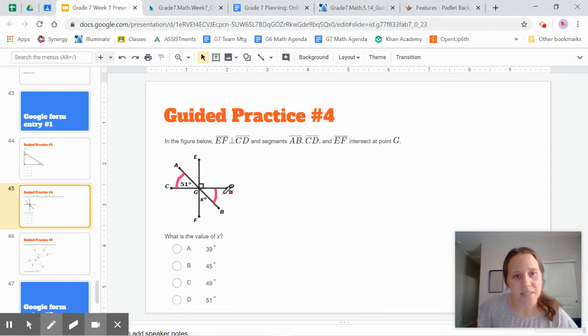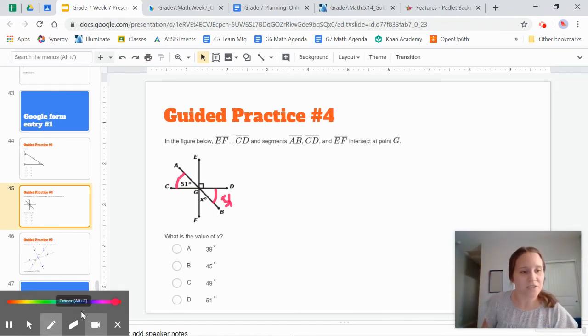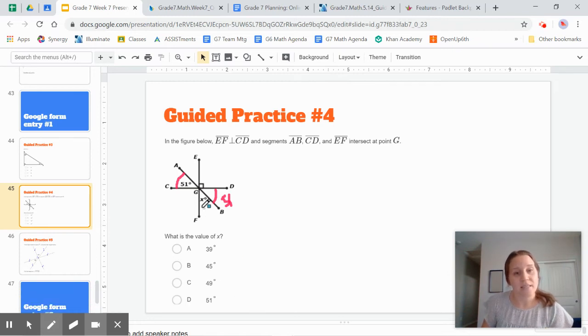All right, does that help me start to solve? It does. Now I see a complementary angle relationship that I can use in order to find the value of x. So I know that these two angles, FGB and BGD, form a 90-degree angle pair. They're complementary. So an equation I can write is x plus 51 equals 90.